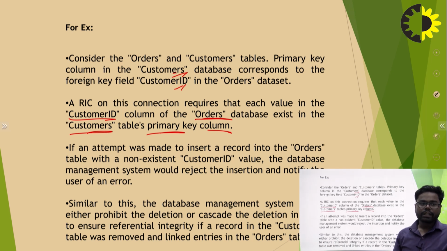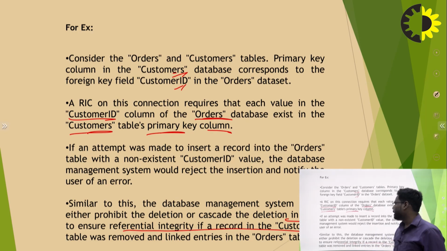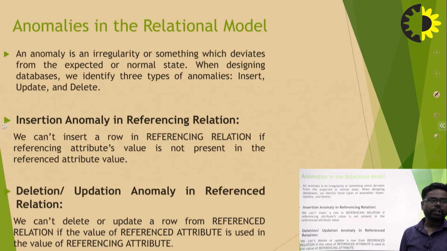Similarly, the database management system would either prohibit the deletion or cascade the deletion in order to ensure referential integrity. If a record in the customer table was removed, the linked entry in the order table is affected. It means the customer table is linked with the order table.